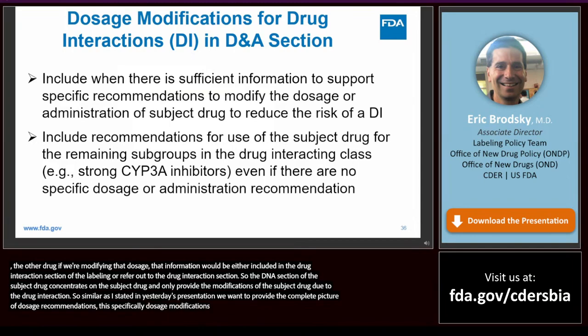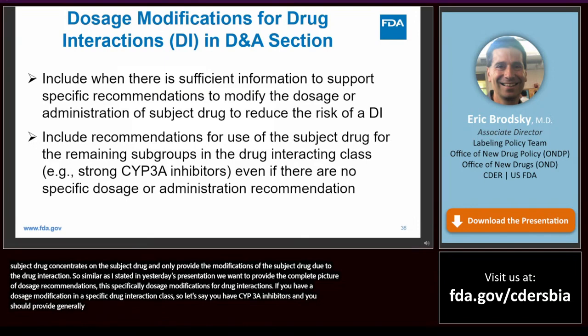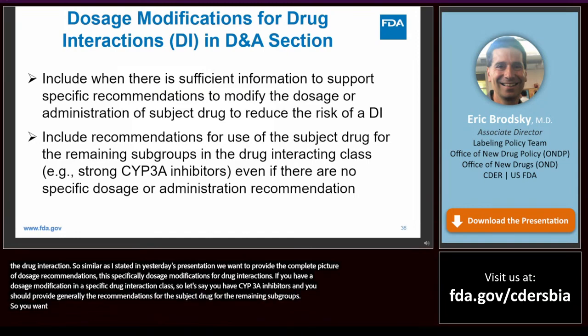So if you have a dosage modification in a specific drug interacting class, let's say CYP3A inhibitors, and there's a specific dosage modification for use with moderate CYP3A inhibitors, you should generally provide the recommendations for the use of the subject drug for the remaining subgroups. So you want to provide the dosage modifications, if any, for the use of that drug with strong CYP3A inhibitors, as well as weak CYP3A inhibitors.